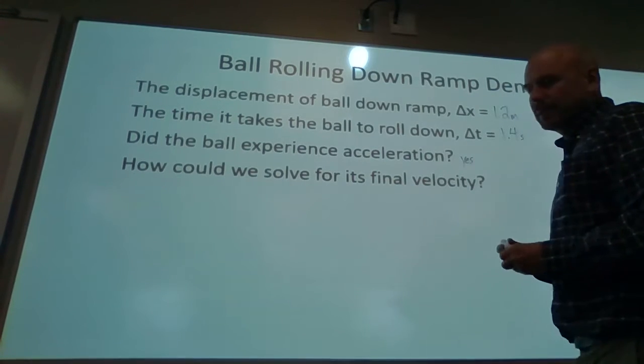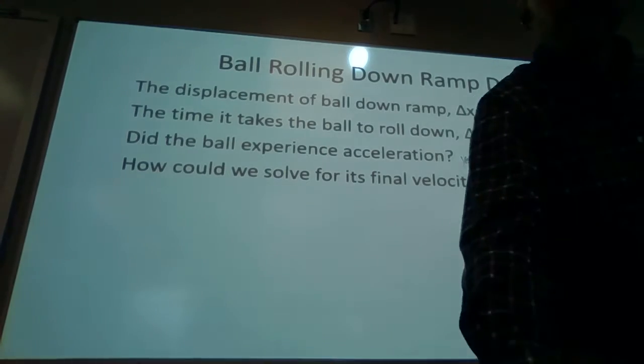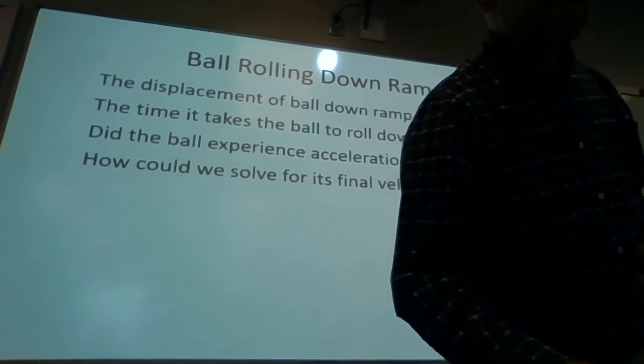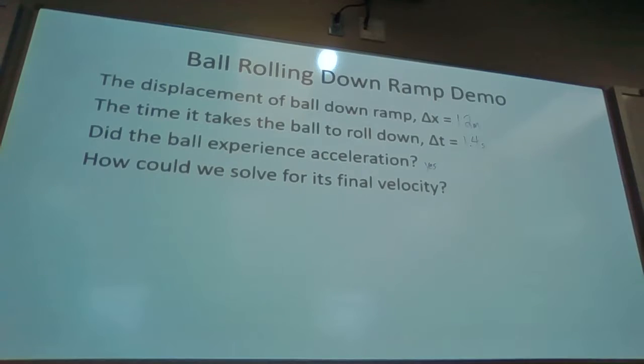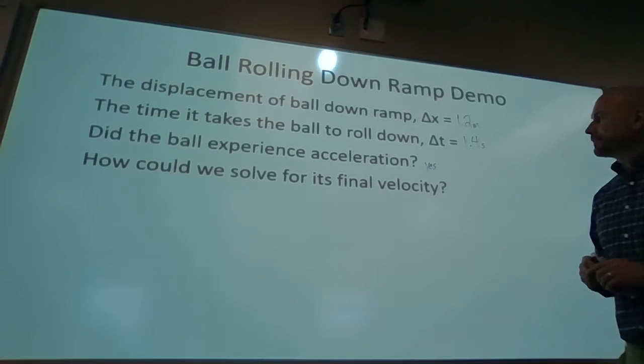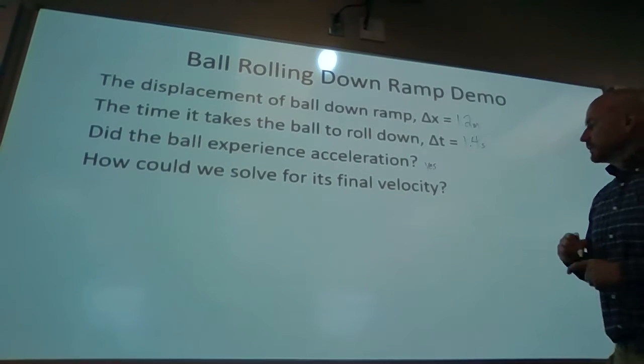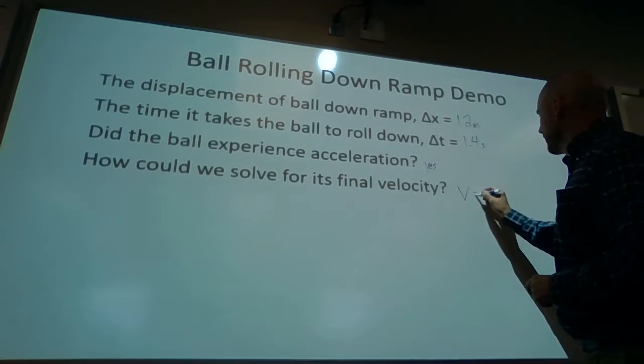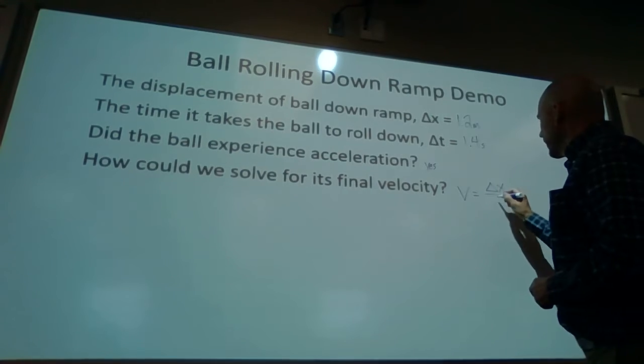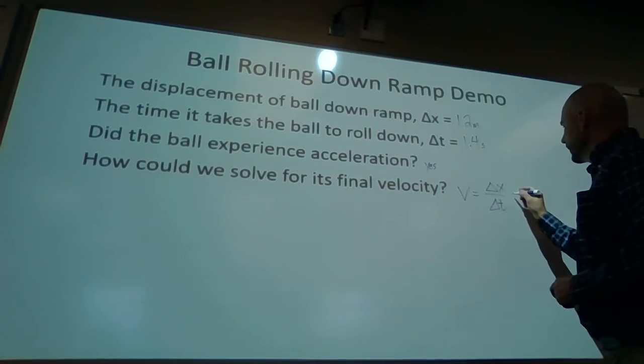So I want to solve for how fast the ball is going right at the end. Like right when it gets to the end of the ramp, how fast is it going? Well, could I do this?